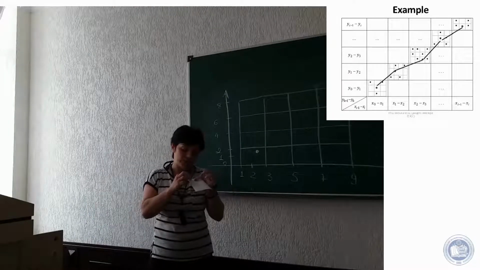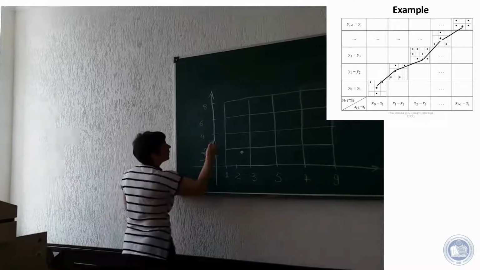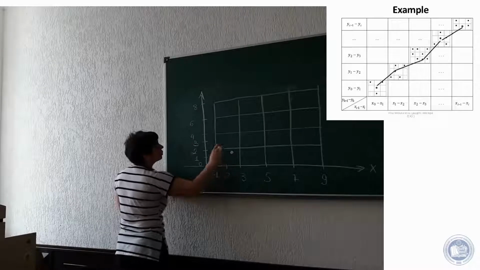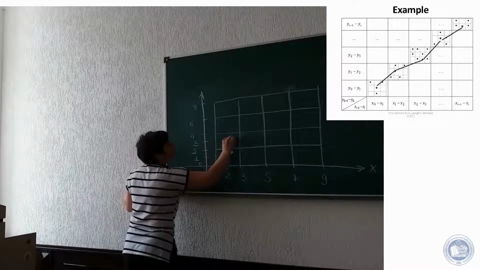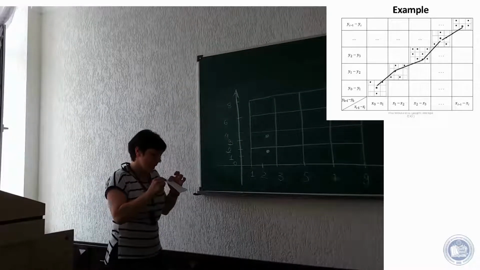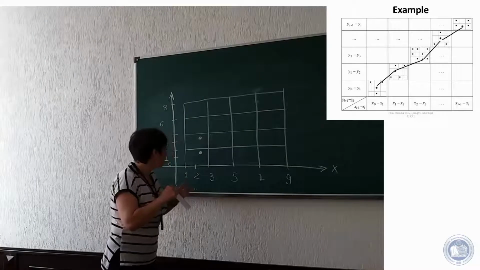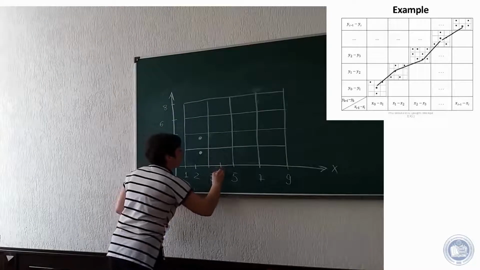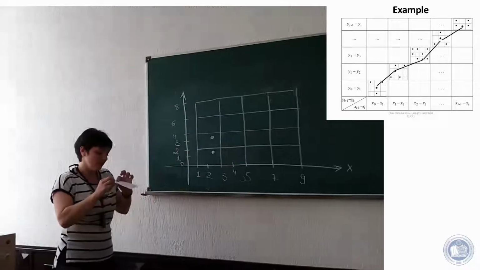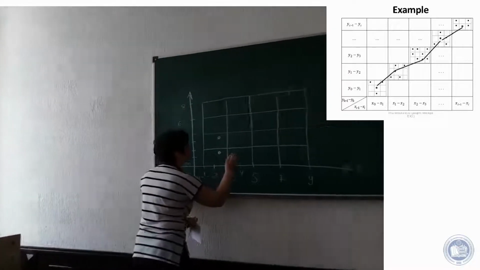If x equals 2, y equals 3, it means we have 1 element. Okay, next. x equals 4, it means this midpoint, 4. y equals 1, how many points? 2. Okay, let's mark 2.